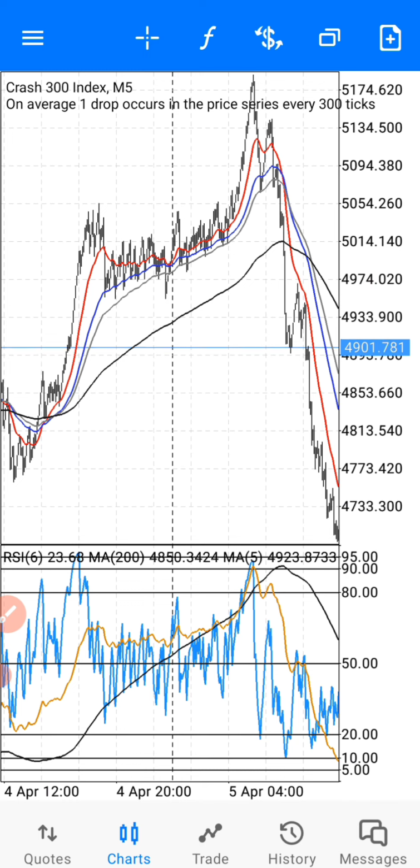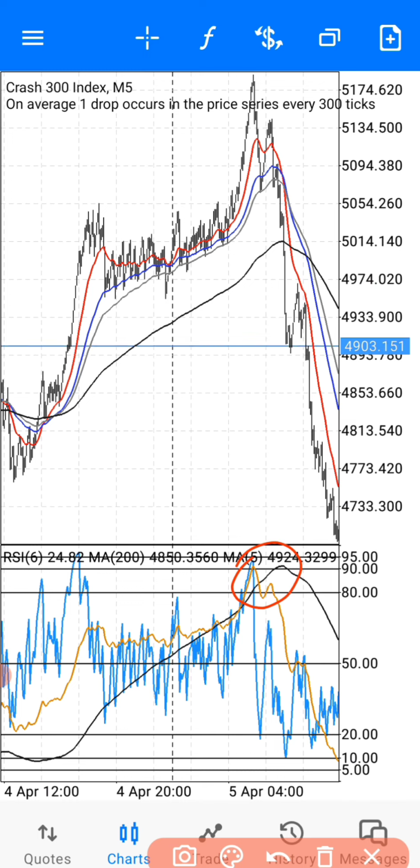So pay attention. Anytime you see this RSI 6, moving average 5, and moving average 200 get to this point, you see that point? After squeezing your screen, the three of them congregate at the topmost top. Even if the 200 is not there, you notice that the blue and the orange color are at the top.